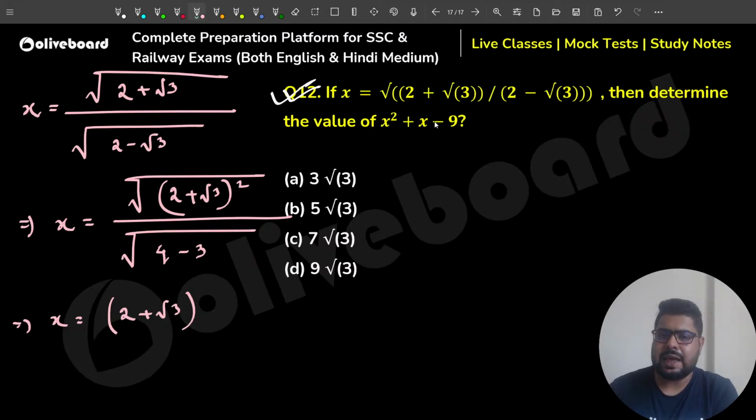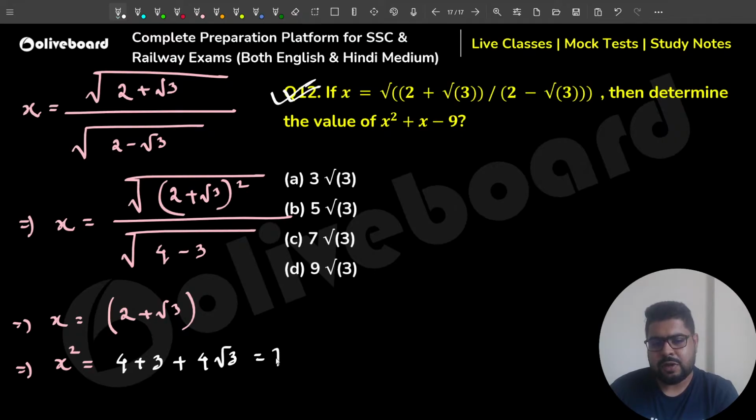So they are asking x square and so on. First of all, let's put the values. Let's do the square; there's no need of doing so many weird things. This will be (a plus b) whole square: a square is 4, b square is 3, plus 2 into 2 root 3, so this is 4 root 3. So x square is 7 plus 4 root 3.